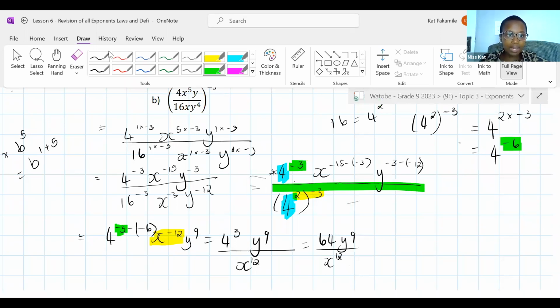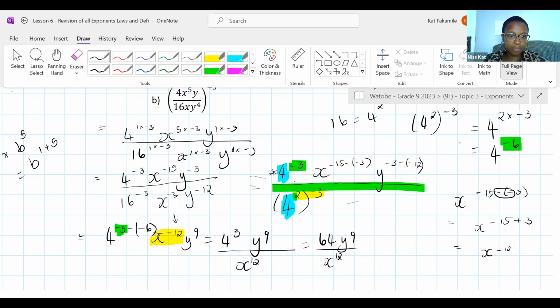And then we just did everything else the same with other variables. So with x, in the numerator, we had a negative 15, and then it was minus negative 3. These two negatives will give you what? A positive. So you have negative 15 plus 3, which is how much? Negative 12. So that's where that negative 12 comes from.